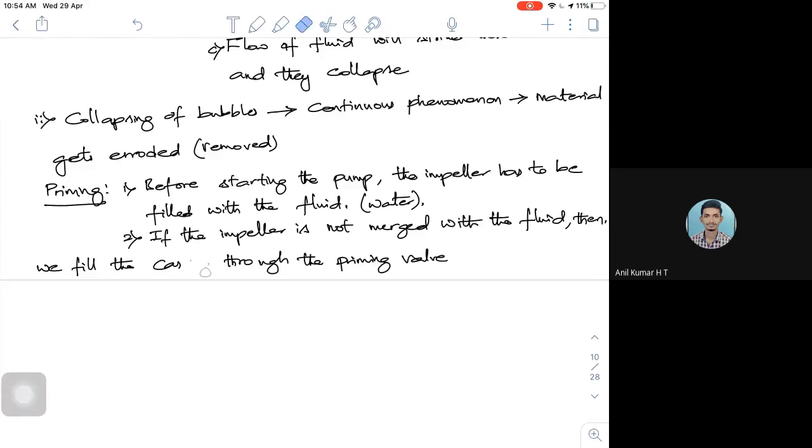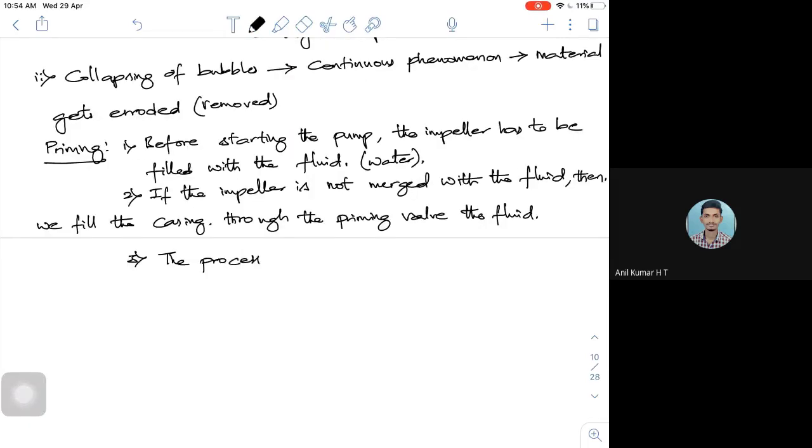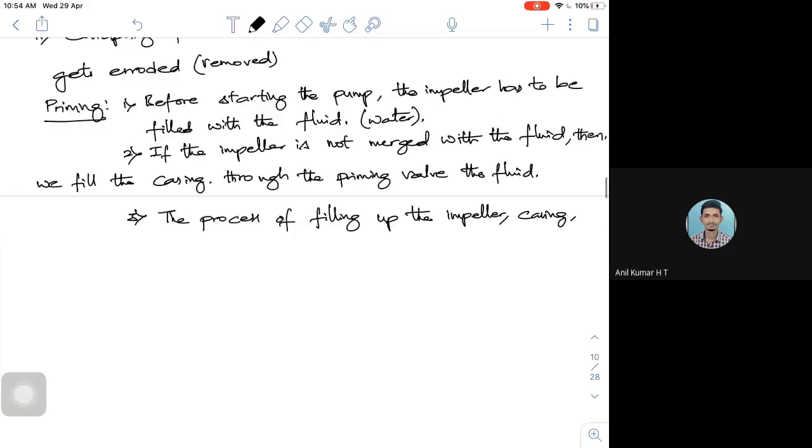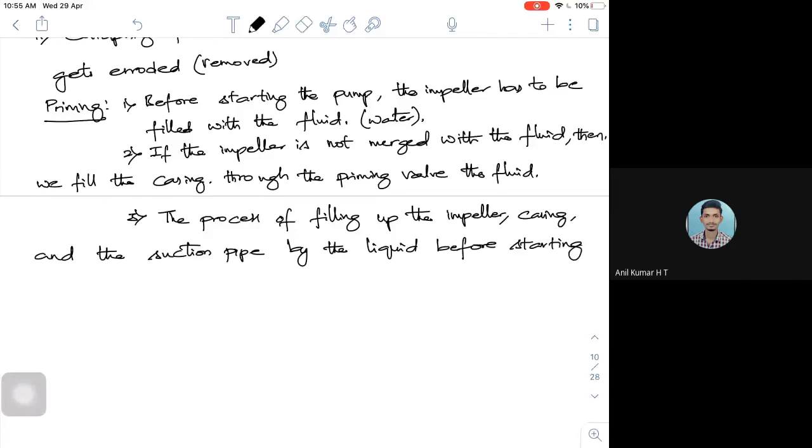It's not casting; it is casing. Filling up the impeller casing and even the suction part and the suction pipe with liquid before starting the pump is called priming.